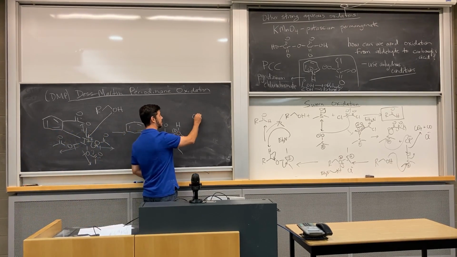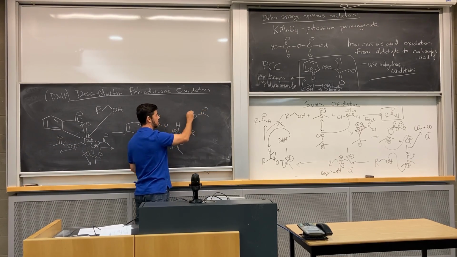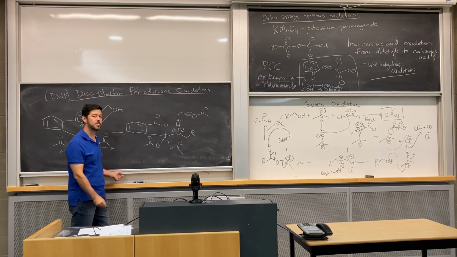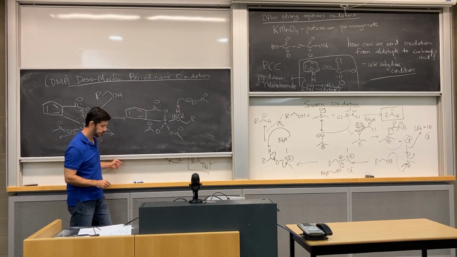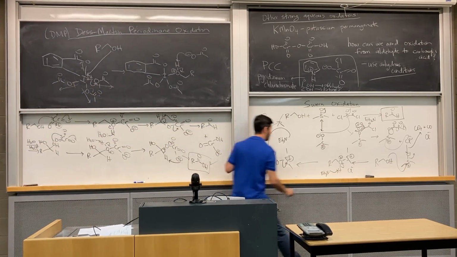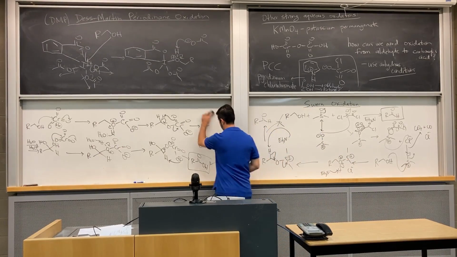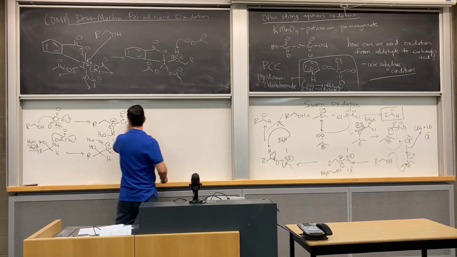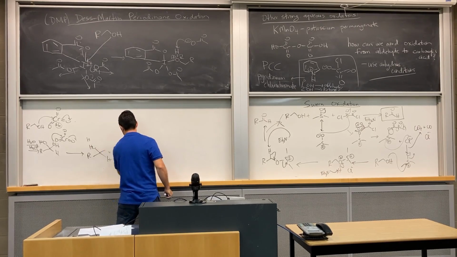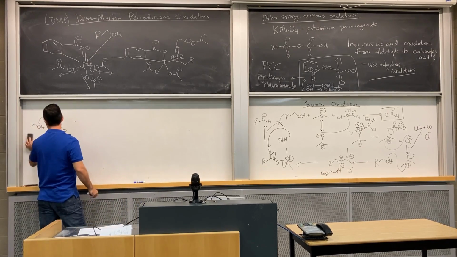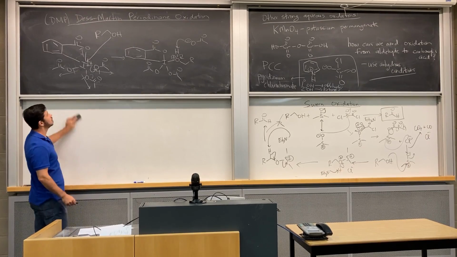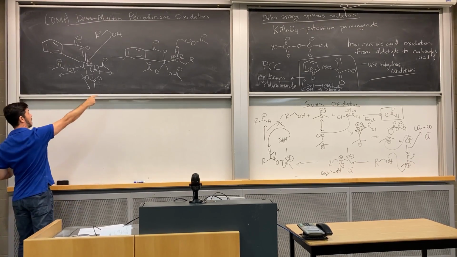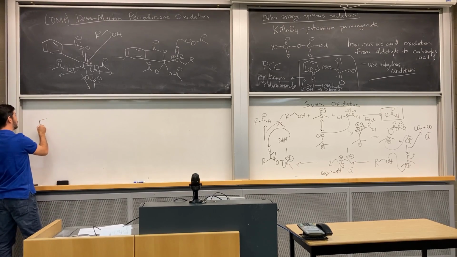Acetate, which is the conjugate base of acetic acid, can very easily just remove that proton. No problem. All right, so I'm just going to draw that all the way down here after that proton transfer.